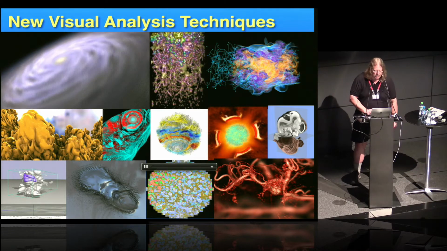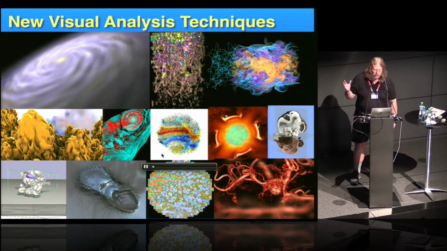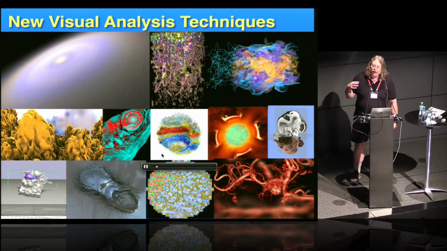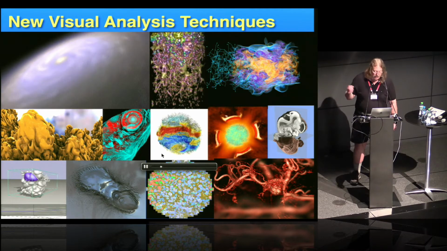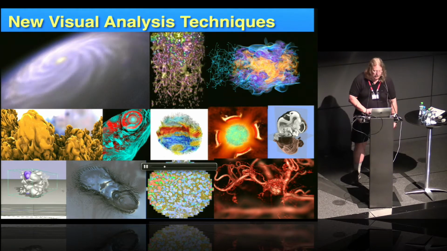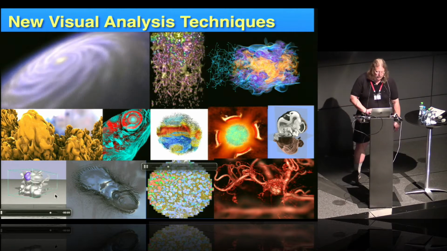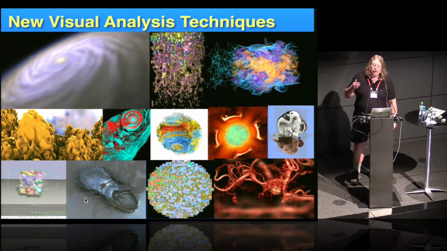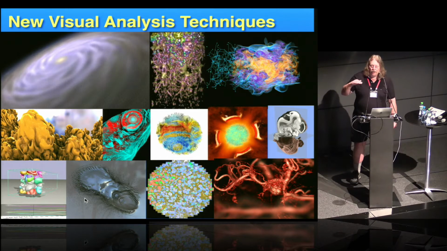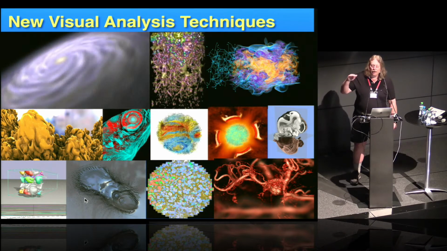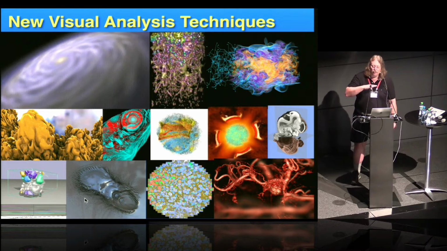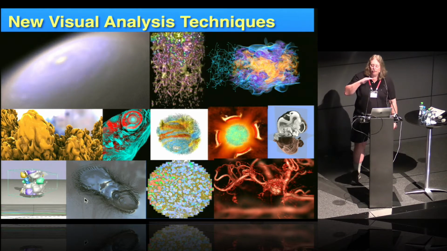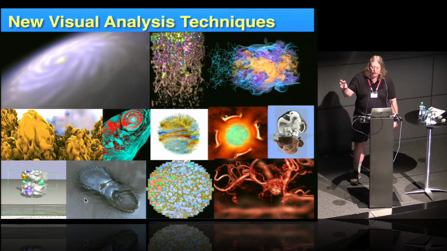In the middle, we have a visualization using vector field visualization of the magnetic field of our sun. And in the bottom right, for example, is a visualization of trying to compare experimental fluid flow with computational models, going from laminar flow all the way through the phase transitions until turbulent flow.